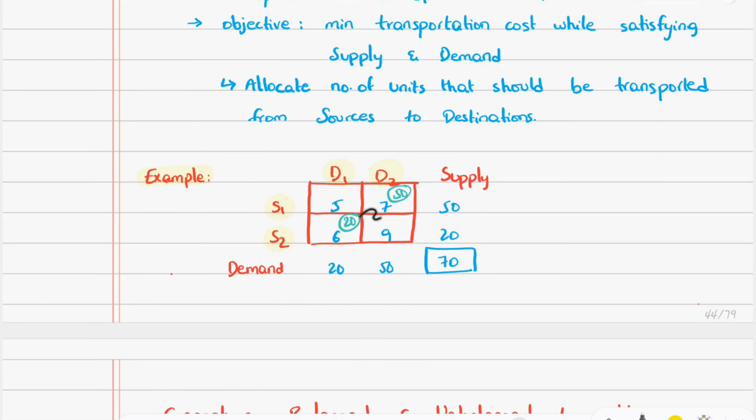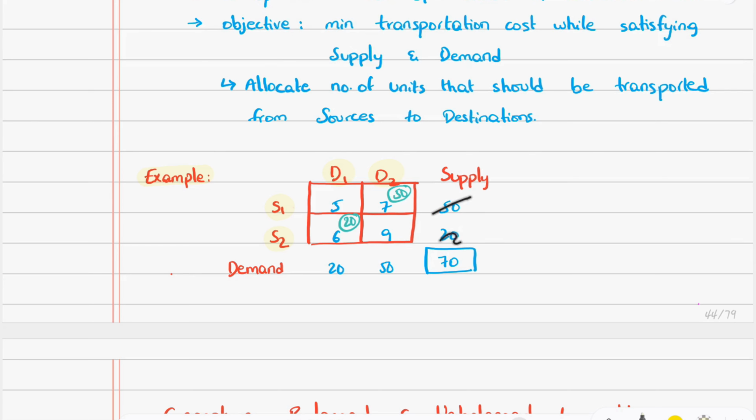In the same way, if I allocated 20 units here, this basically means I'm willing to send from S2 to D1 20 units. So because of this allocation, the demand for D1 is satisfied and the corresponding supply of S2 is also satisfied. This is basically what allocation means.